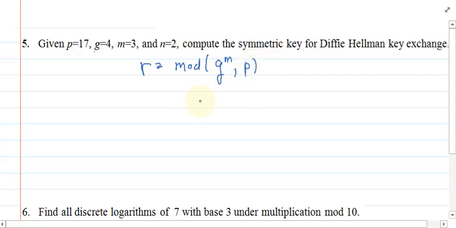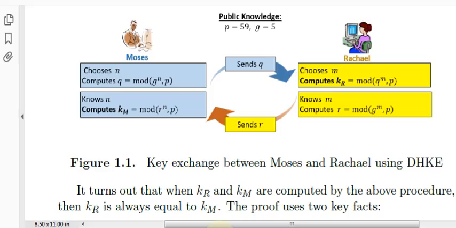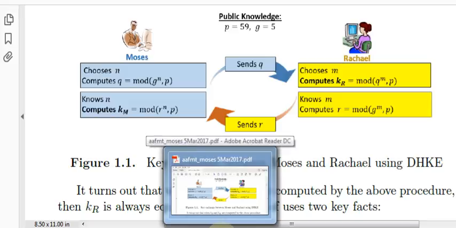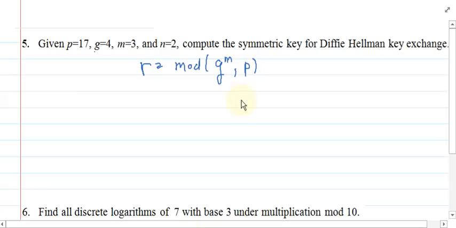Okay, once I have R, I can compute the next step, which is K equals R to the np mod. So let me go ahead and do that. So the symmetric key K is equal to R to the np mod. All right, so let's go ahead and do that.